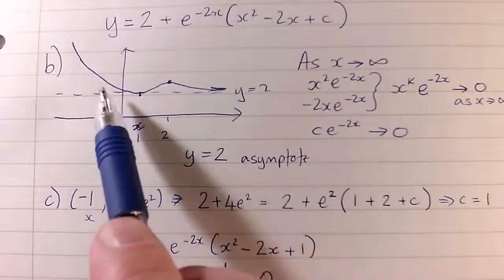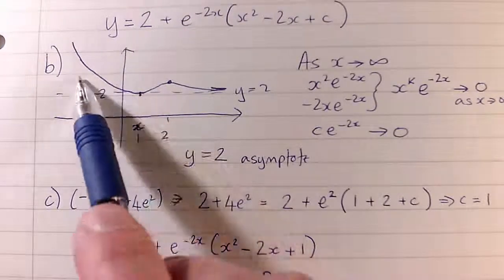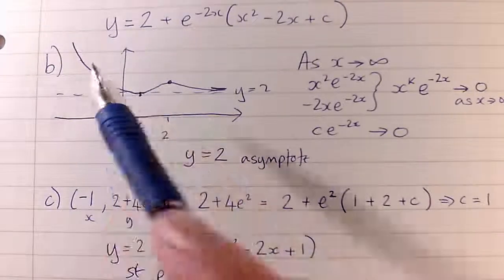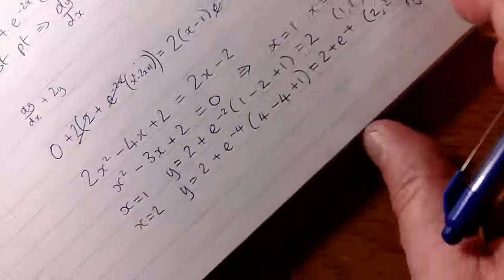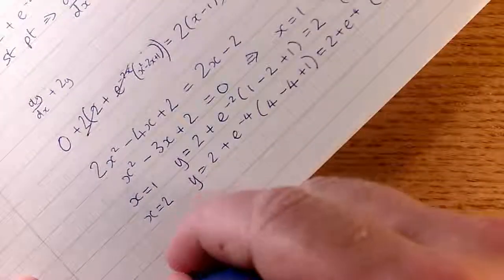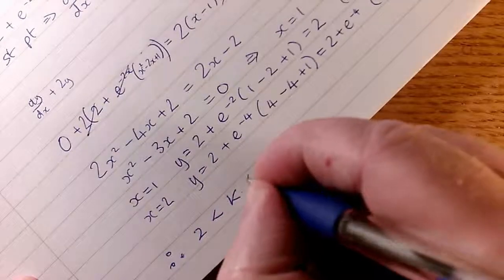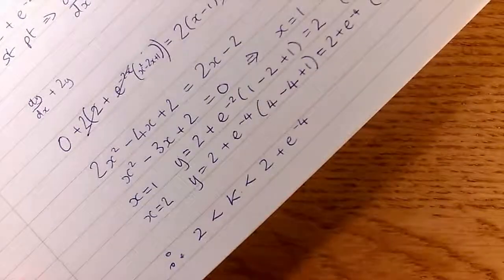So for example, the asymptote only intersects it once, and the tangent here would intersect it twice, once there and once there. So it's got to be a strict inequality. So we're going to say that therefore 2 is less than k is less than 2 plus e to the minus 4, and that will get us full marks.